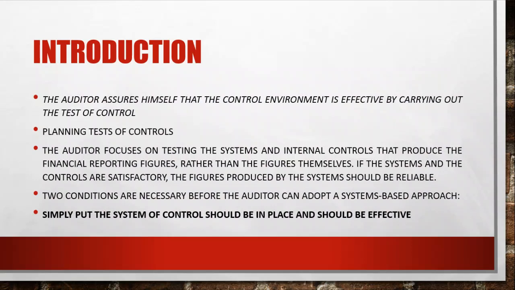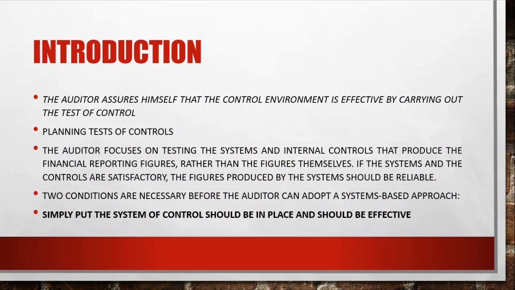Two conditions are necessary before the auditor can adopt a system-based audit approach. There are different types of audit approaches, but this one relates to our topic because we are talking about control, and when we talk about controls, it simply means systems.